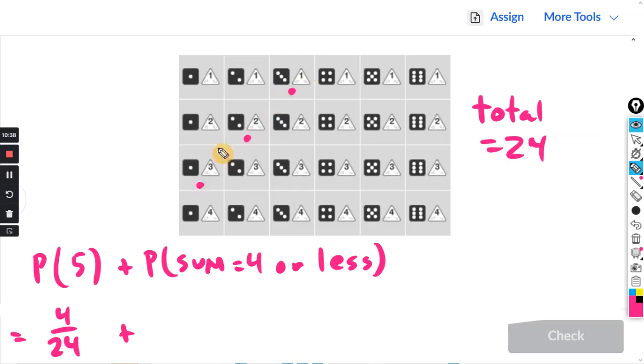All right, so those have a sum of 4, and the ones that are less, 2 plus 1 is 3, 2 plus 1 is 3, 1 plus 1 is 2, and the rest of them, all the rest of them, the sum is more than 4. All right, so for the sum is 4 or less, 1, 2, 3, 4, 5, 6 out of 24.